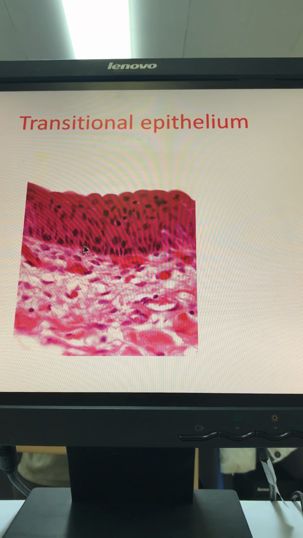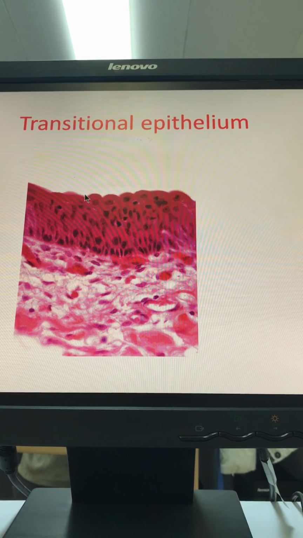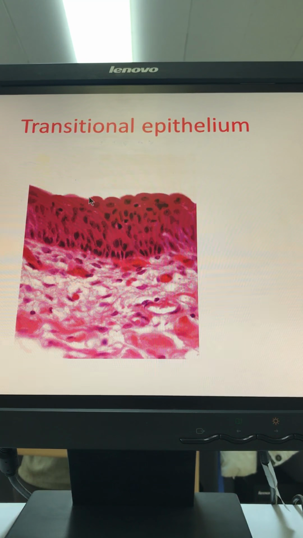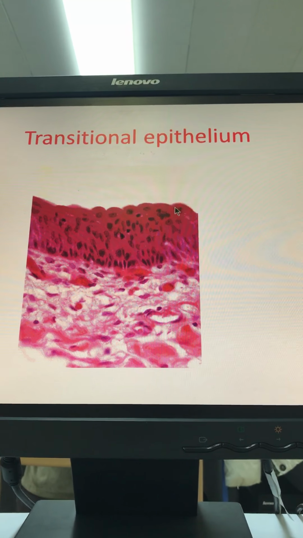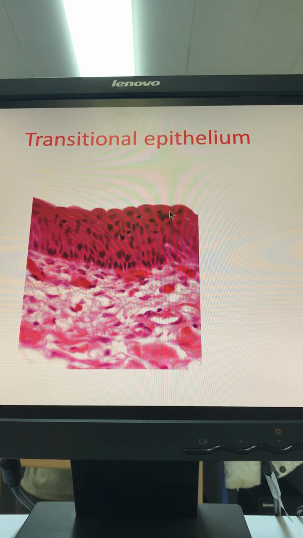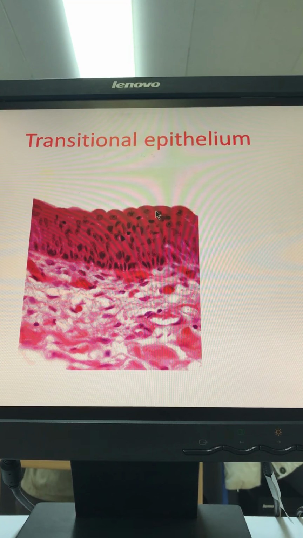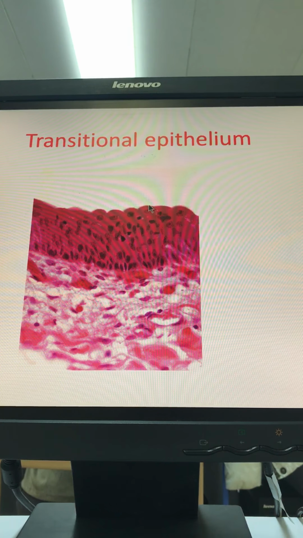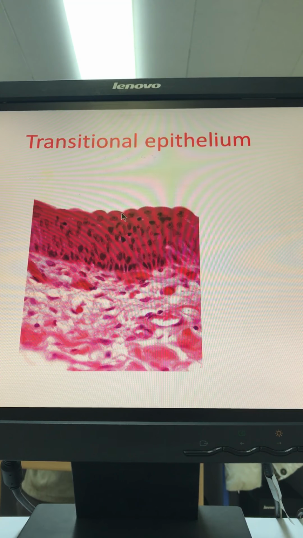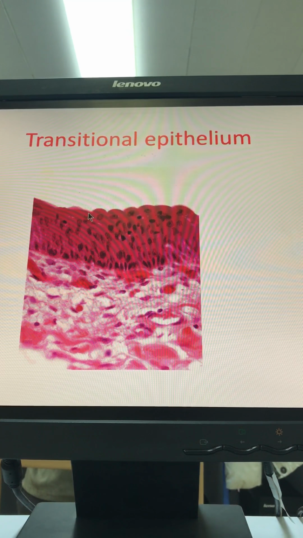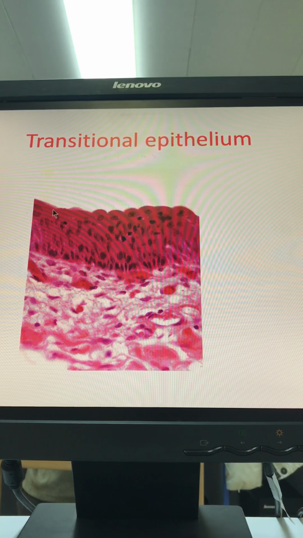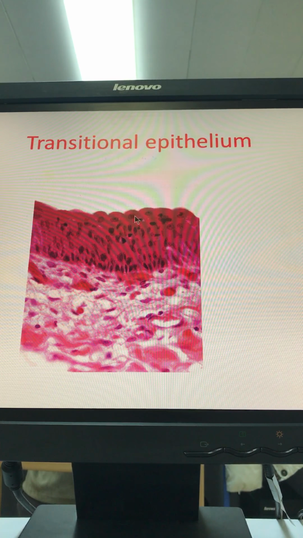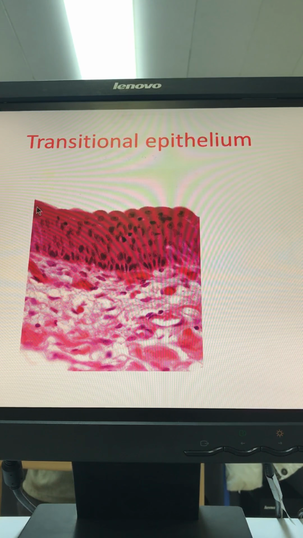Now طلعوا لي هون. Is it a simple type or stratified? Stratified. Okay. طيب, take a look at the top surface cells, okay? I can see a flattened cell here, a dome-shaped, okay, زي القبة, dome-shaped cells, flat cells. يعني I cannot tell that this is a squamous nor cuboidal epithelium.